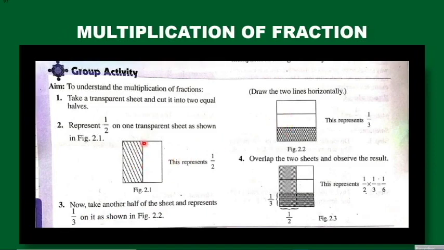The first half is divided vertically, and the second half is divided horizontally. To represent 1 upon 3, out of 3 parts you shade 1 part. Is that clear?